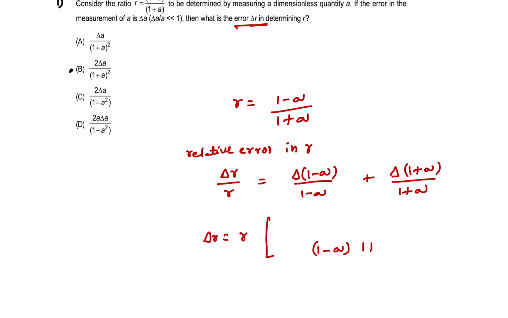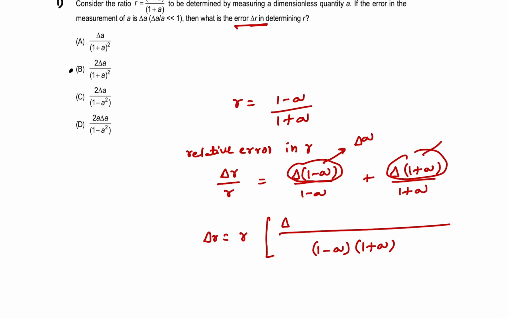So delta r is equal to r into, taking the LCM, 1 minus a into 1 plus a. The error in a can be written as delta a only, because 1 is a number and has no error.